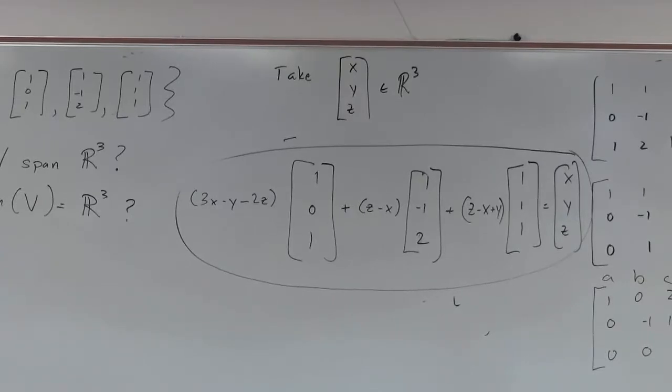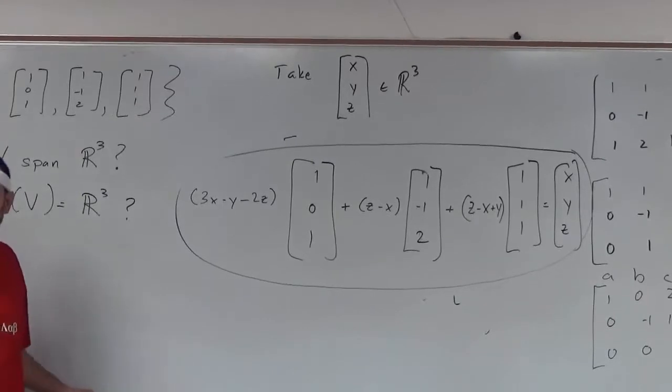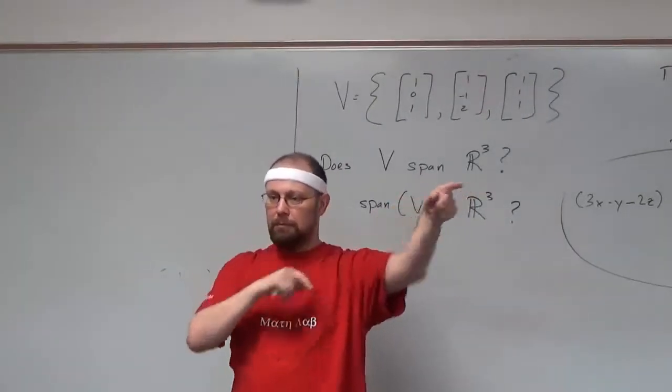Now we want to talk about the notion of linear independence. So if you have two vectors, what do you think we mean by linearly dependent vectors? If two vectors are linearly dependent, then what must be true?